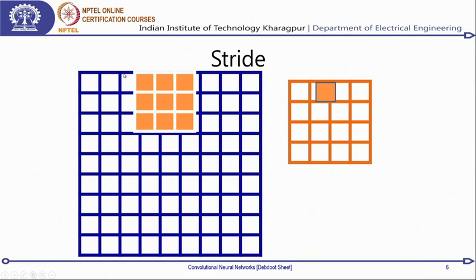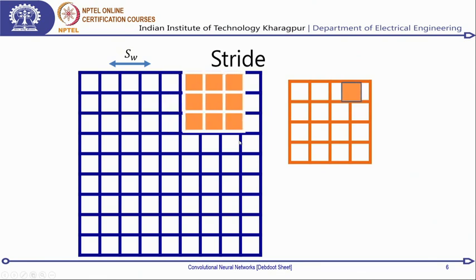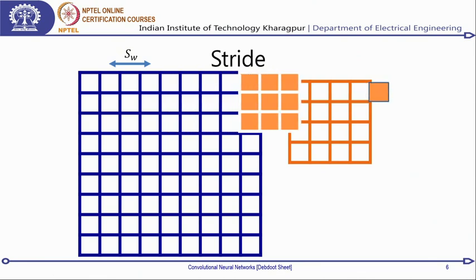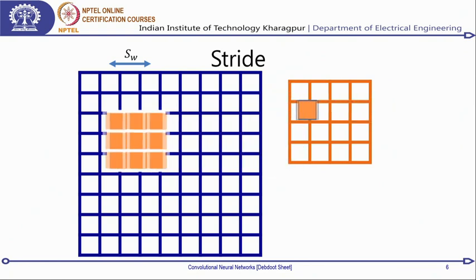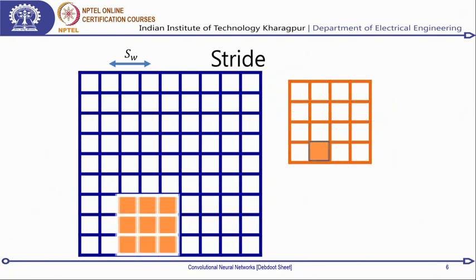Okay, and similarly I keep on going, and this amount of movement is what is called my stride SW. So I keep on going to the next location and the next location, repeating this over all of them, and then I get my output.